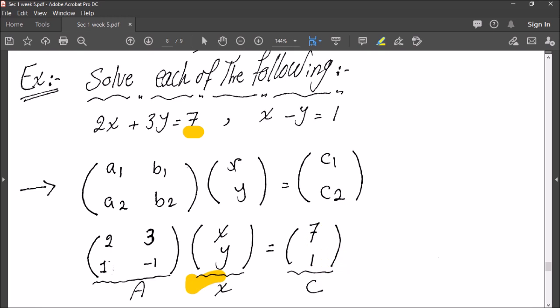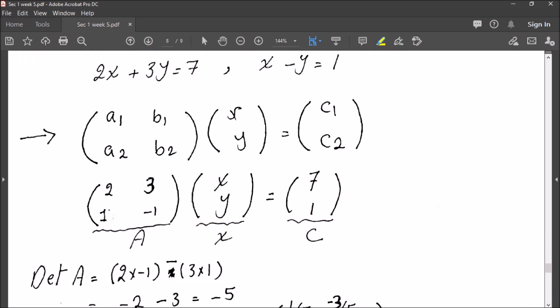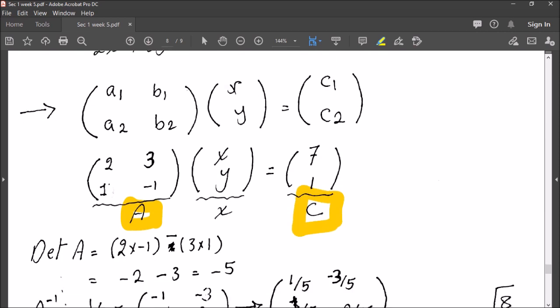Then we solve it like the previous example. We need to find the inverse of this matrix and then multiply it by this matrix. Determinant: 2 multiplied by negative 1 minus 3 multiplied by 1. 2 multiplied by negative 1 is negative 2, minus 3 multiplied by 1 is 3, negative 2 minus 3 is negative 5.